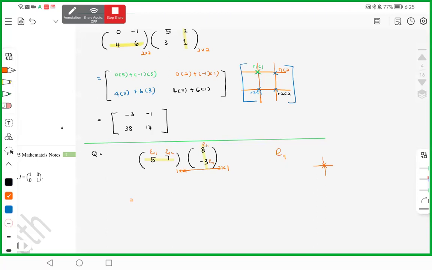Meaning 5 times 8 plus 7 times -3, then you will get the answer, 19. Only one element. If you're not sure, you can do one row, one column, so you see the intersecting point, meaning you got only one element. That's how you check.